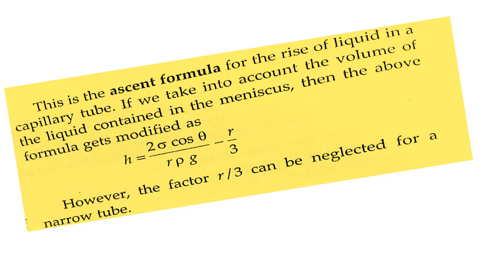However, if the capillary tube is very narrow, then the r by 3 factor is neglected, because as I have told you, the capillary tube is of hair-like thickness, but it is not possible practically. So we have to take a factor of minus r by 3.